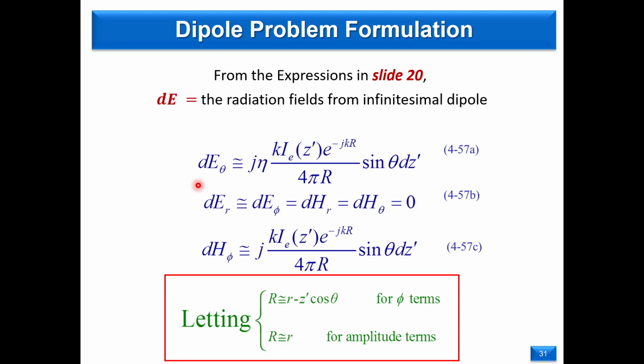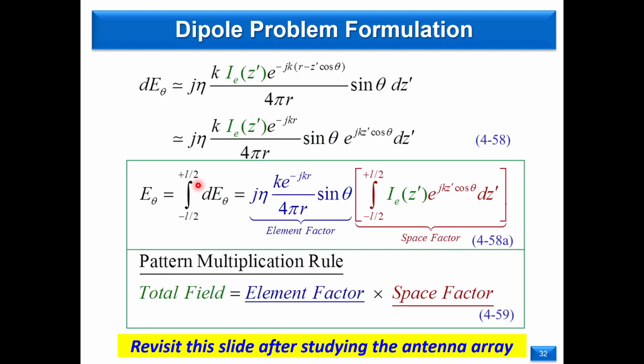So we do just the integration without any need for a curl in this analysis. So we have dE_theta with this expression, and now we need to integrate this from minus L over 2 to plus L over 2.